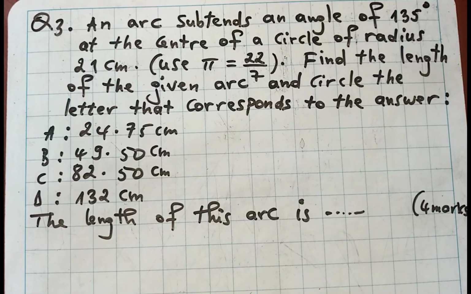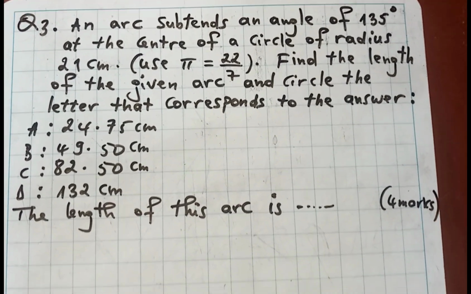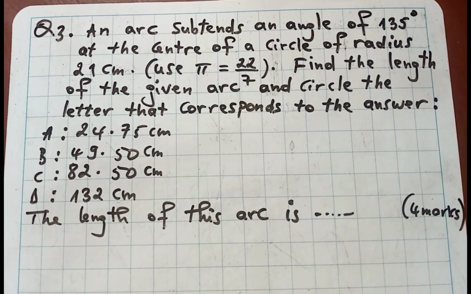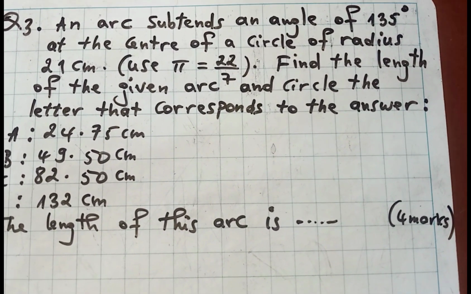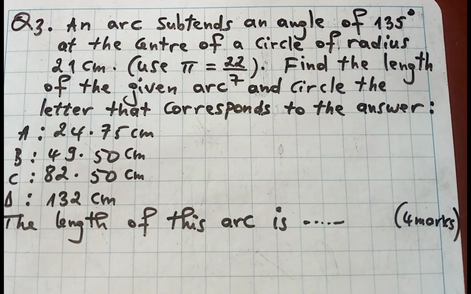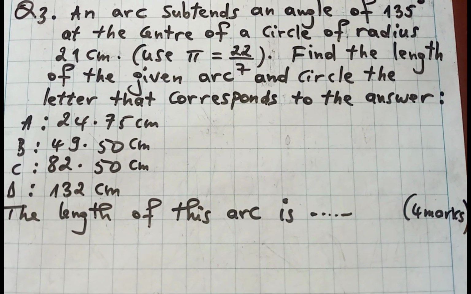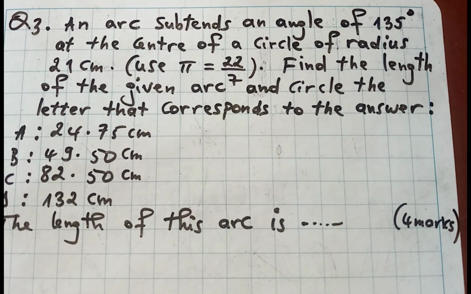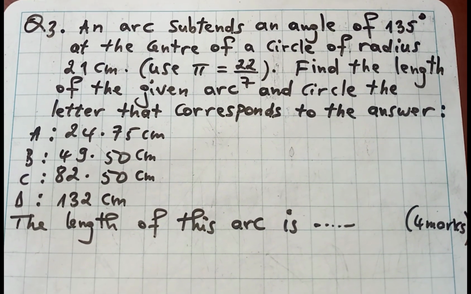So we can also correct the question number 3. An arc subtends an angle of 135 at the center of circle of radius 21 centimeter. Use pi, which is equal to 22/7. Find the length of the given arc and circle the letter that corresponds to the answer.